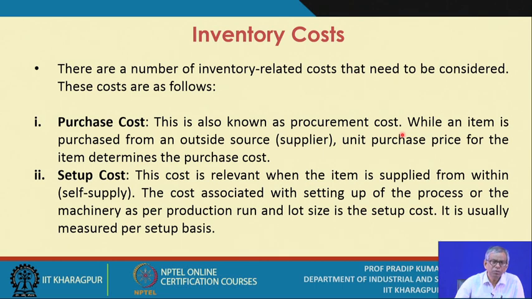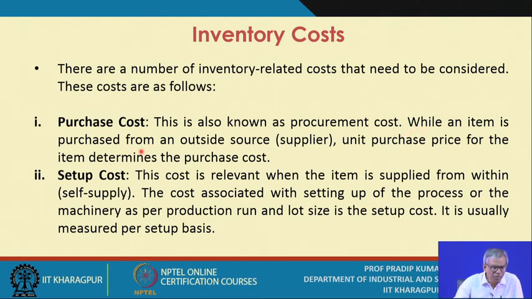When the agreement is made, when the purchase order is placed, the purchase price will be known. Is it okay? And that purchase price will be charged as per the agreement. So this is basically a procurement cost.